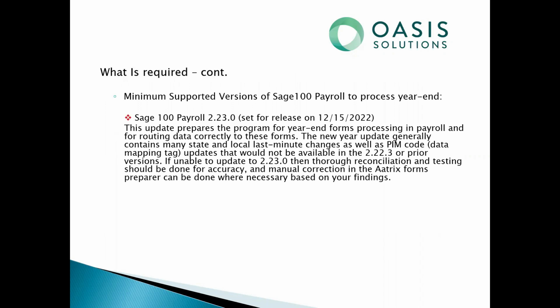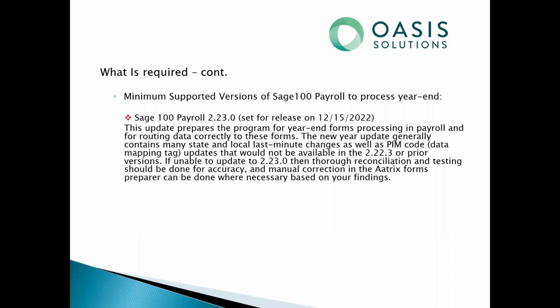As far as the minimum supported version of Payroll that you're going to need for your W-2s, Sage indicated that they are releasing on December 15th Payroll 2.23.0. This particular update is going to have some preparations for year-end forms processing so that it can route the data properly from the Sage program into Atrix.